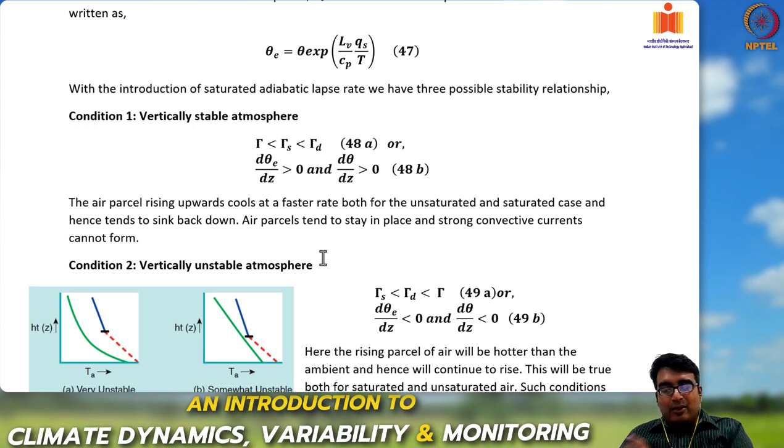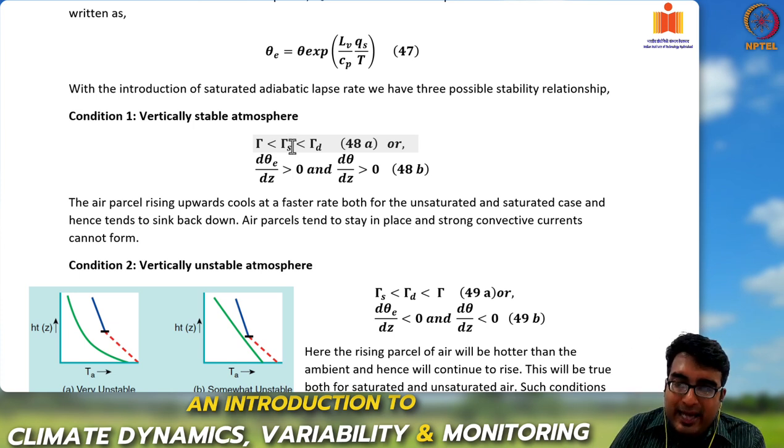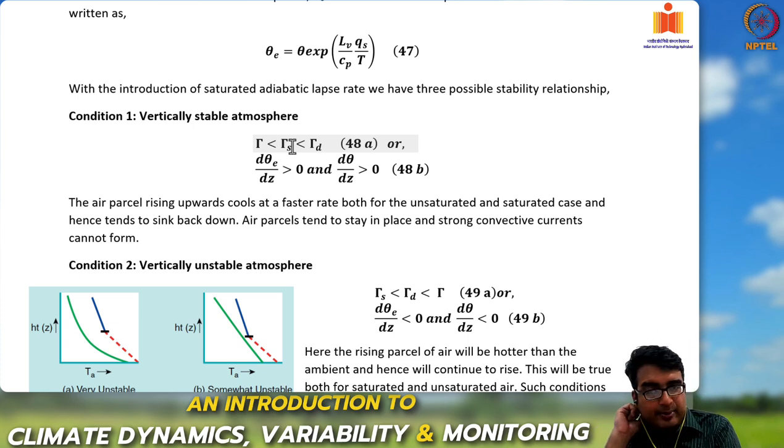Okay, that will only happen if the environmental lapse rate gamma is less than the saturation adiabatic lapse rate gamma s, which obviously is less than the dry adiabatic lapse rate. So the environmental lapse rate is lower than both the saturation lapse rate and the dry adiabatic lapse rate. Okay.